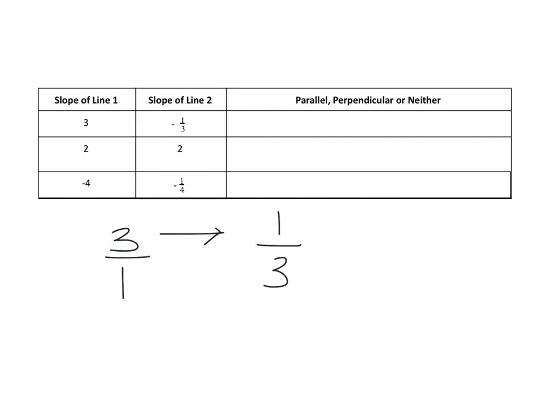If I change the sign, that means I need to make it a negative number. So we get negative 1 over 3. Oh, and look, that is the number that shows up for line number 2. So these two slopes happen to be negative reciprocals. If they are negative reciprocals, that means that these two lines are indeed perpendicular.